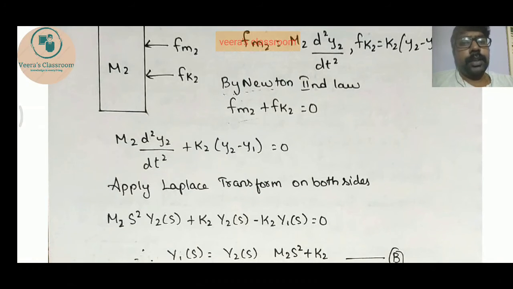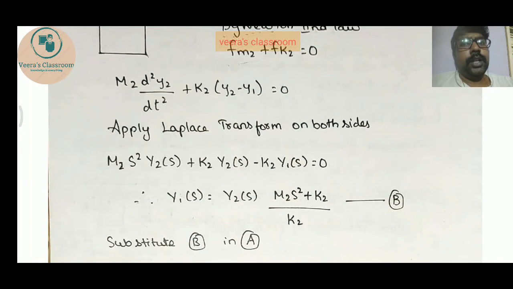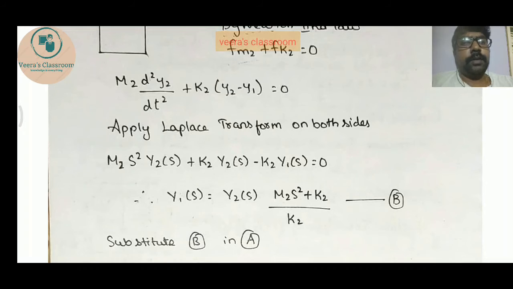After applying Laplace transform based on the degree of differentiation, we will get the power of s. So it is m2 s square Y2 of s plus k2 into Y2 of s minus k2 into Y1 of s equal to 0. So we will take Y1 equal to Y2 of s into (m2 s square plus k2) by k2.